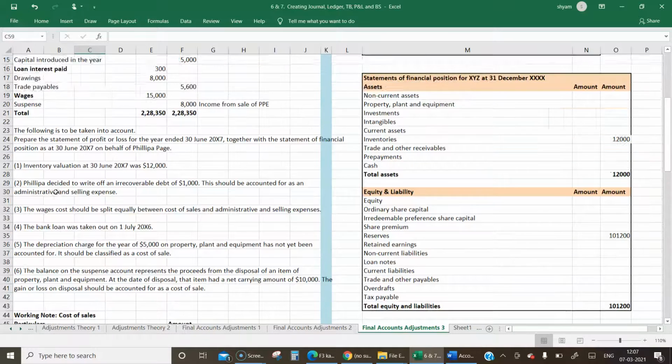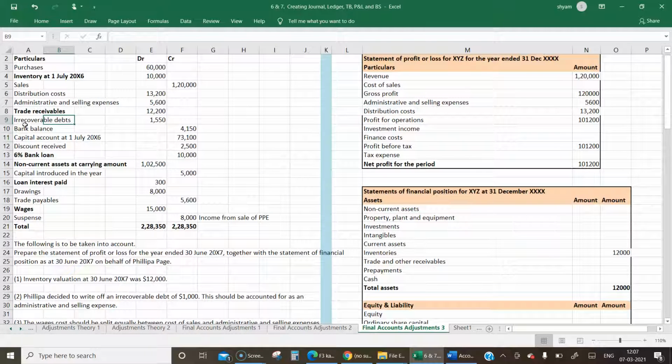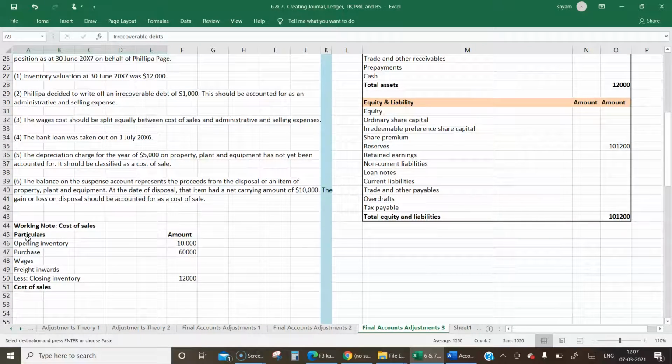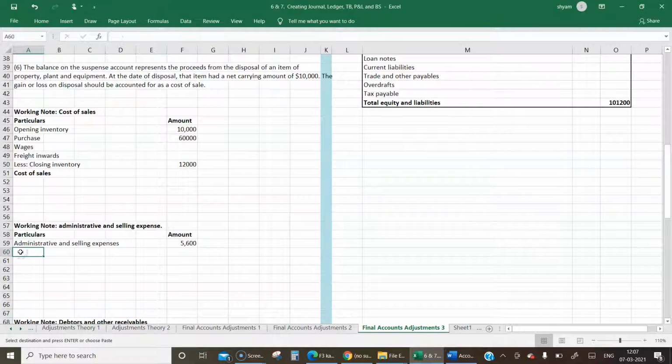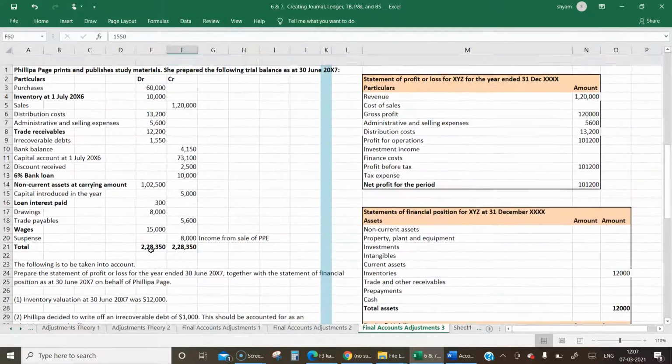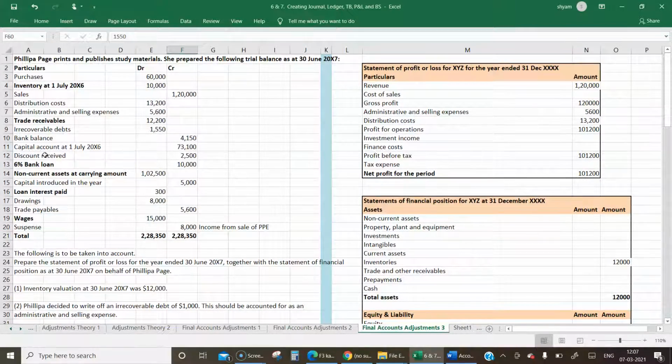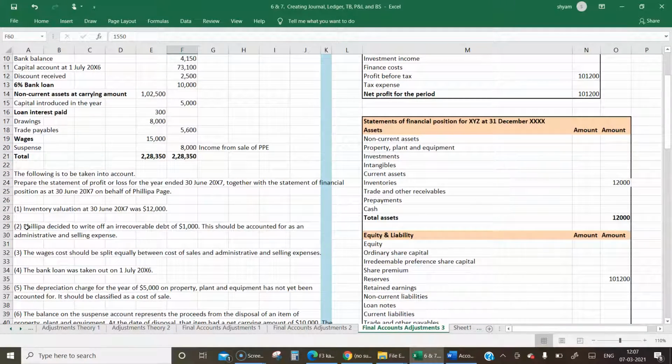Now we have irrecoverable debts. First we'll solve that. This has to go to administration and selling expense, so first we'll put that. Then we'll go to the adjustment. It says we decided to write off an irrecoverable debt of 1,000. This should be accounted as an administrative and selling expense. So this is a new write-off. Already there's one in the trial balance. Now we have a new write-off of 1,000.